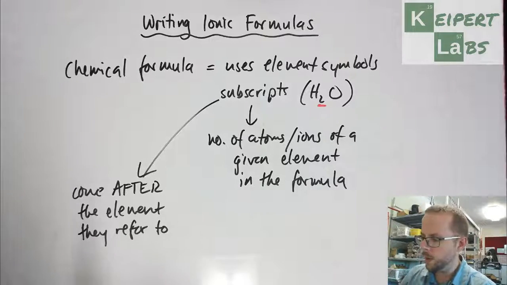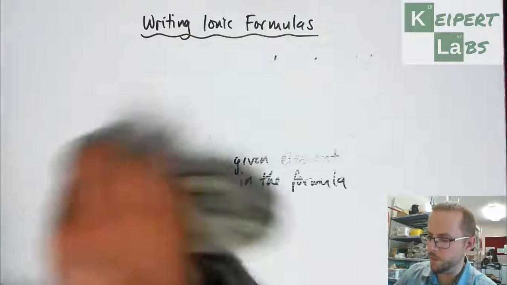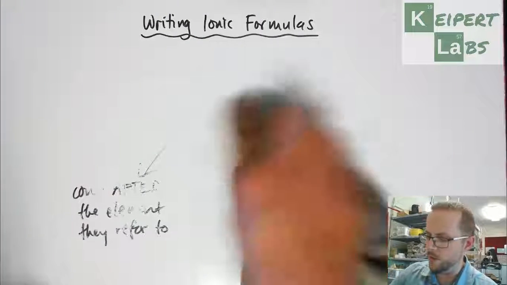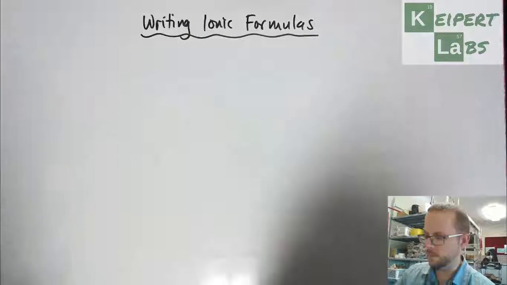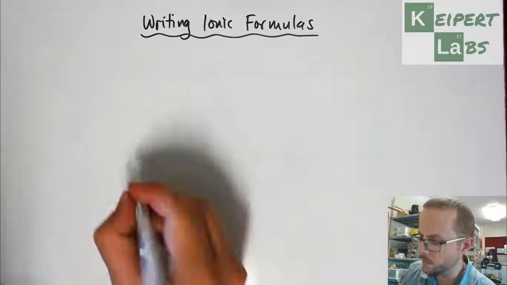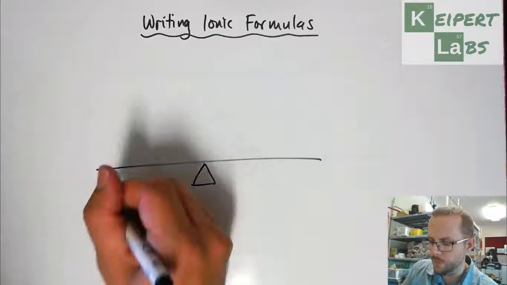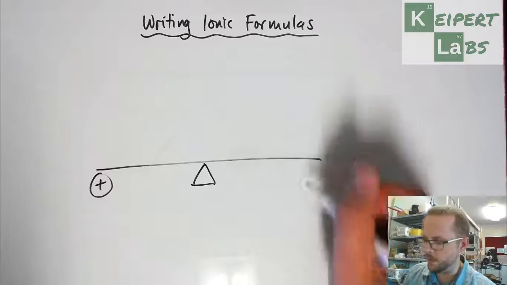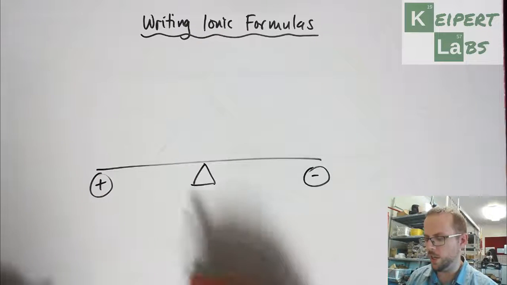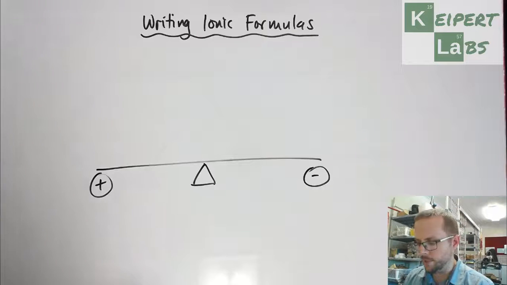We're going to go through a couple of quick examples. I'm going to use a particular technique to help visualize things for you, and that is thinking about things as a seesaw. This side is positive and this side is negative charges, and we're looking at balancing.